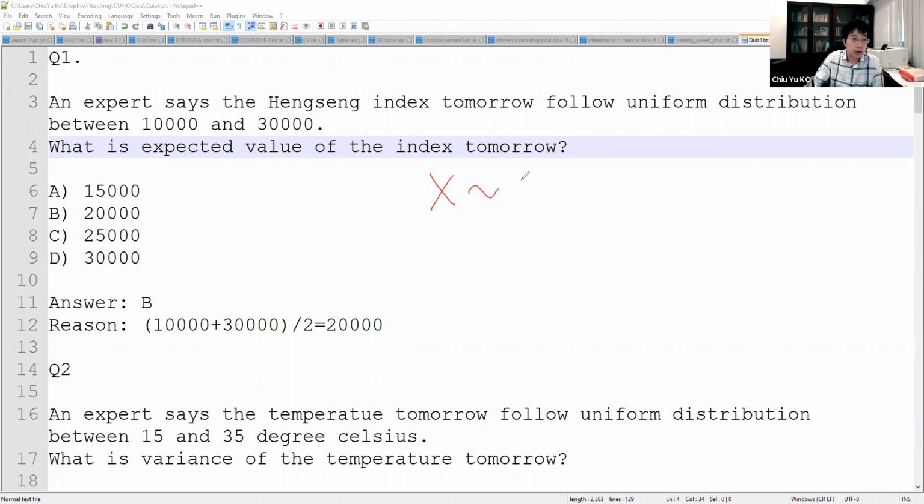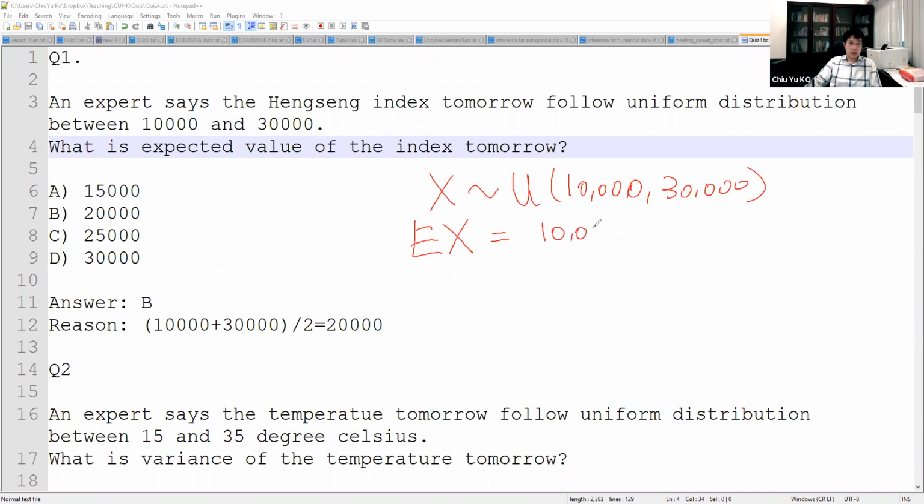X is uniform 10,000 to 30,000. Okay. And asking what is expected X, right? And we know the answer will be just the average of these two numbers, right?